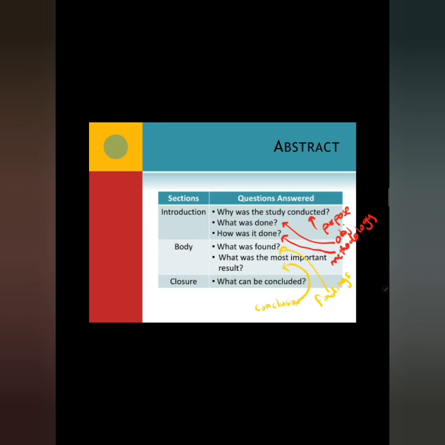All right, for the closure, you can see what can be concluded. So here is the implication based on the study, or recommendations. Okay, the implication or the recommendation. So all of this needs to be written in an abstract.